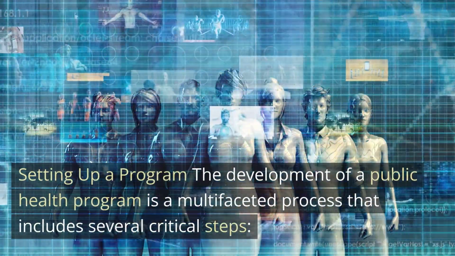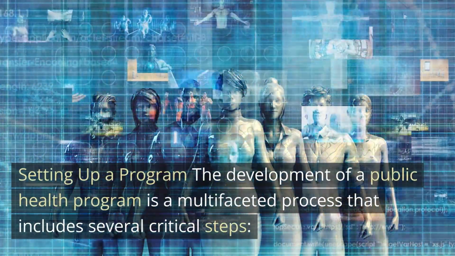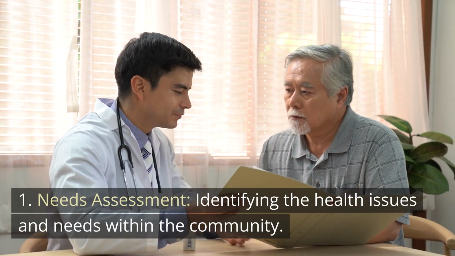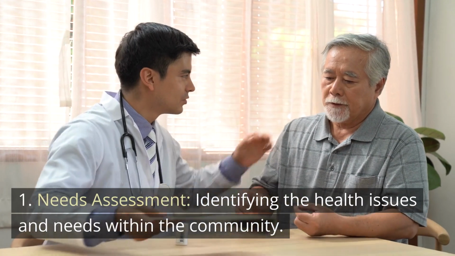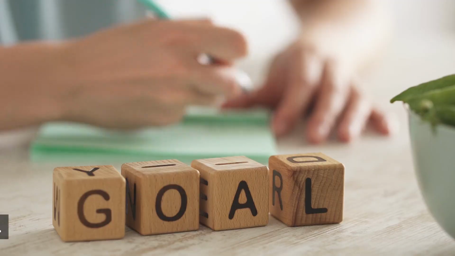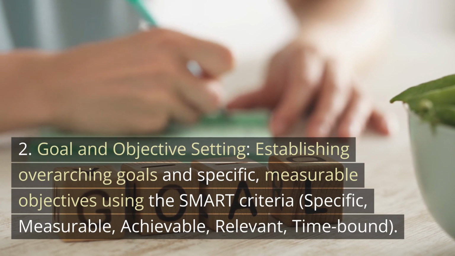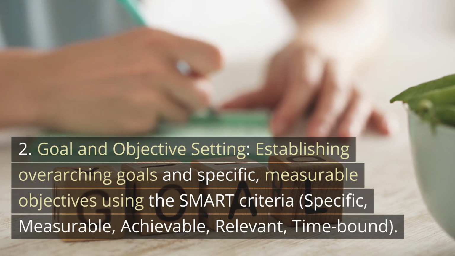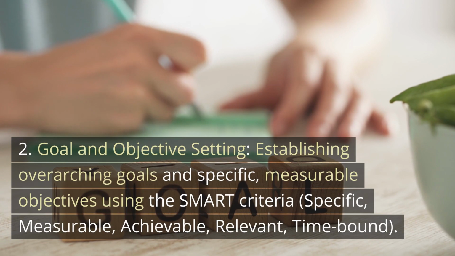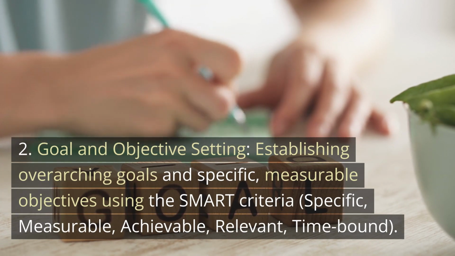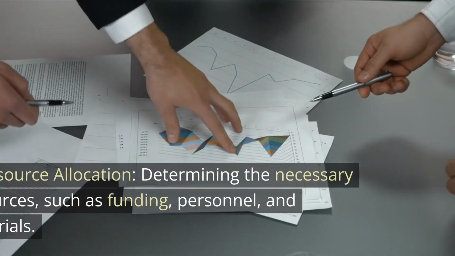The development of a public health program is a multifaceted process that includes several critical steps. 1. Needs assessment, identifying the health issues and needs within the community. 2. Goal and objective setting, establishing overarching goals and specific, measurable objectives using the SMART criteria: specific, measurable, achievable, relevant, time-bound. 3.